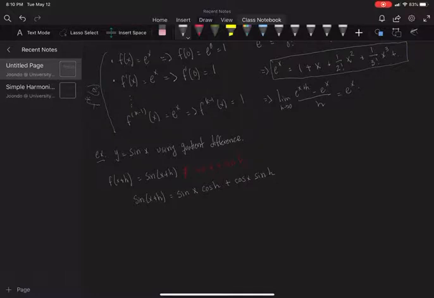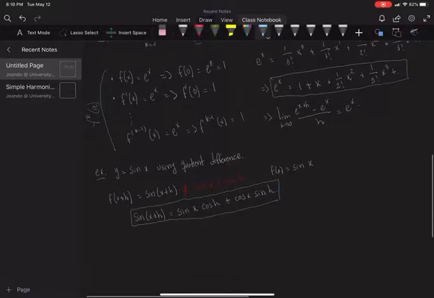Let's see, and then we have that f of x goes to sine x, right? So we're going to use this identity right over here to find the quotient difference.